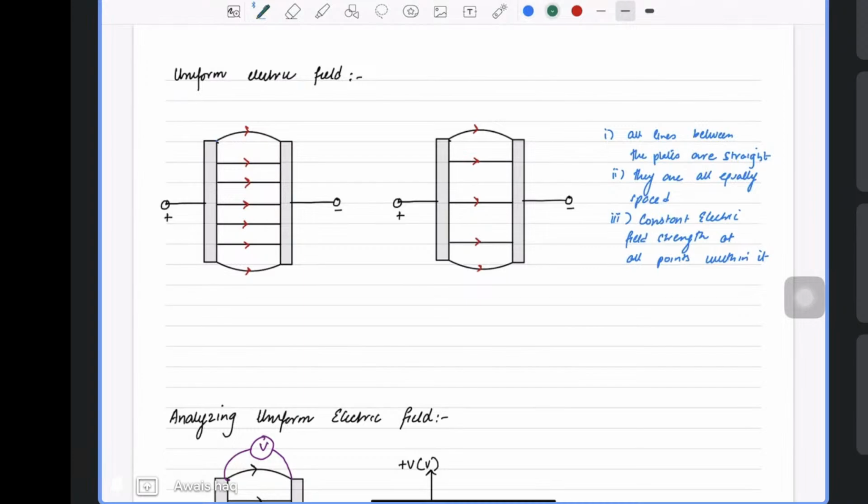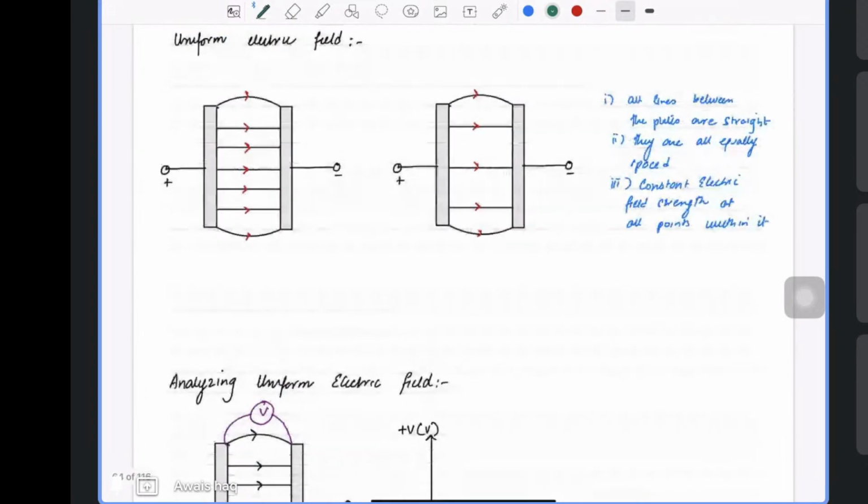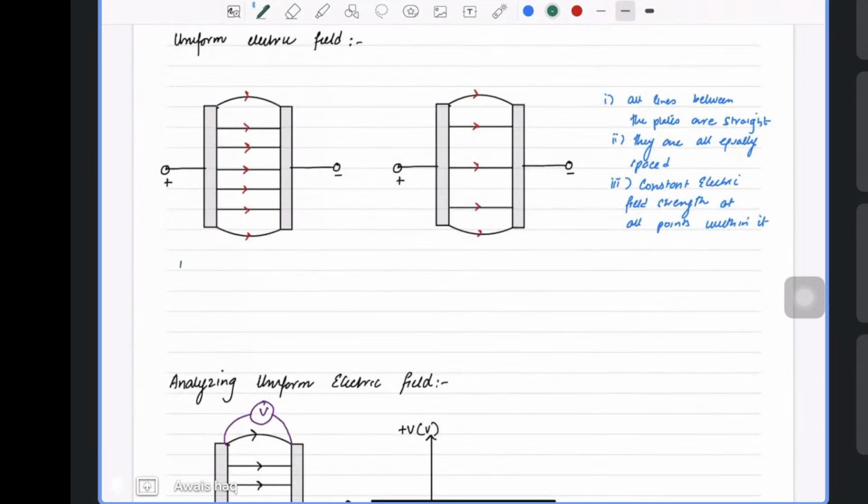Now, when you draw anything, you should remember that the electric field lines, I'm just going to write a note here so you guys remember.